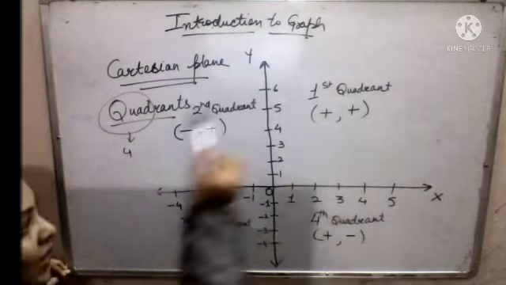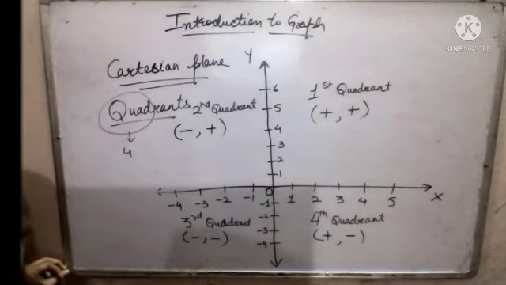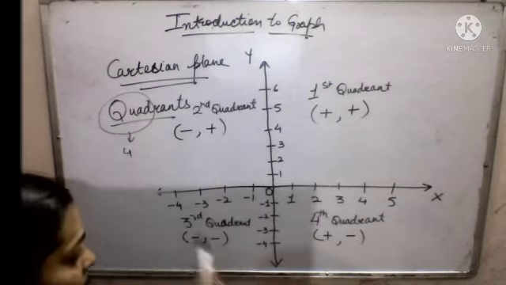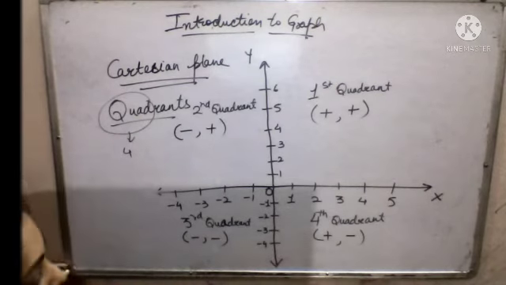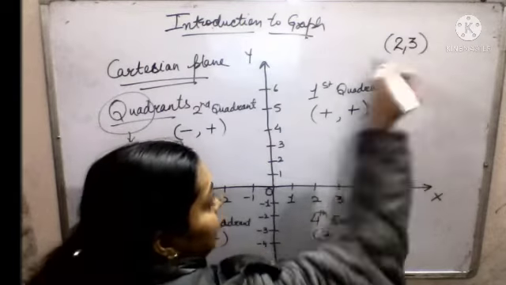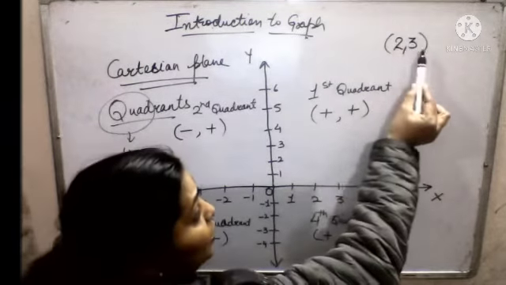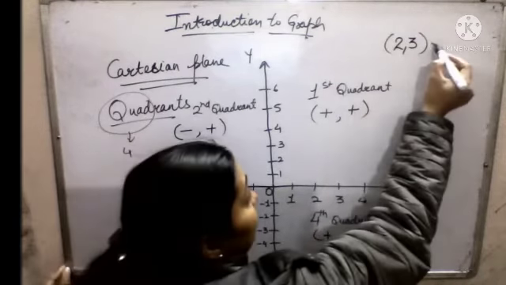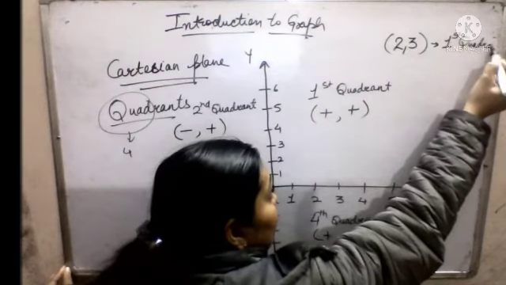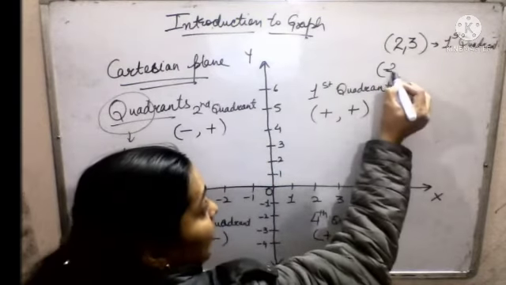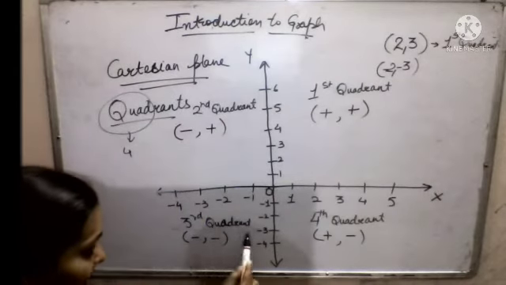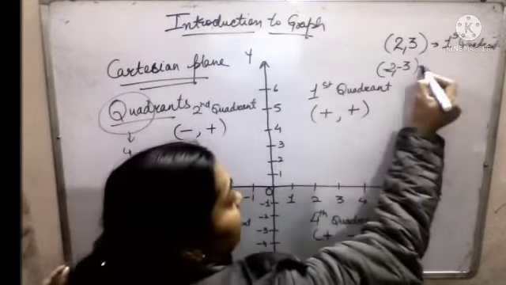So just looking at the coordinates, you can easily tell whether our point lies in the first, second, third, or fourth quadrant. For example, I take the point as (2, 3). You can see that both 2 and 3 are positive, so it will lie in the first quadrant. But if I take the point as (-2, -3), both are negative, which means it will lie in the third quadrant.